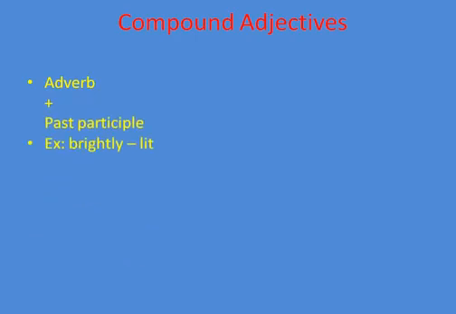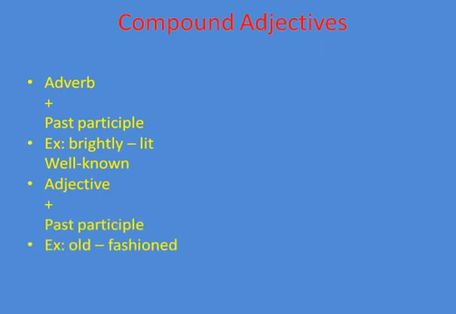You can see that brightly is the adverb here, and lit is the past participle of the verb light. So brightly lit. Well known. Well is the adverb, known is the past participle of the verb know. Now, you can use an adjective in combination with a past participle to give this beautiful compound adjective, like old fashioned, ready made.